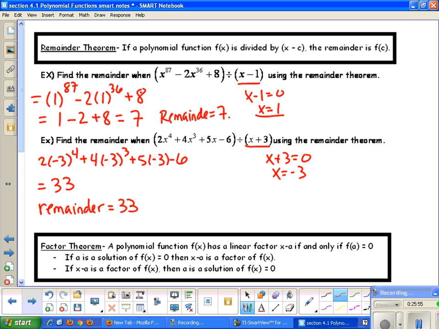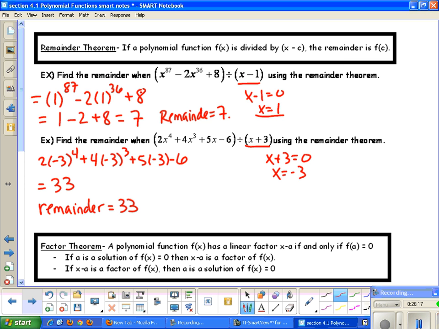Next is the factor theorem. A polynomial function f of x has a linear factor x minus a if and only if f of a equals 0, just like we were talking about for the remainder theorem. When you plug in that divisor number that you're trying to test, if you get 0, then you know it's going to have a linear factor of x minus a, so it just means it's a factor.